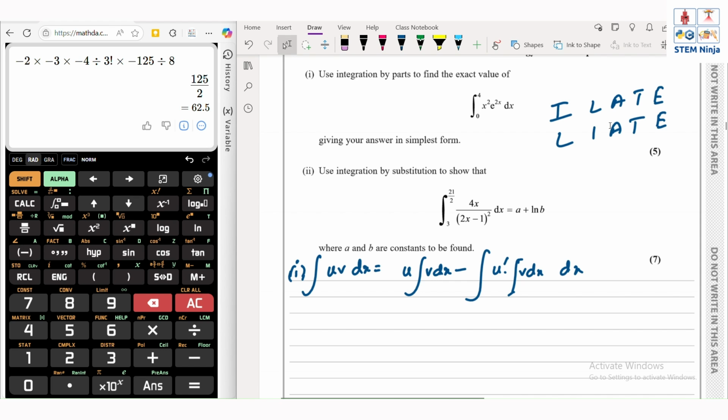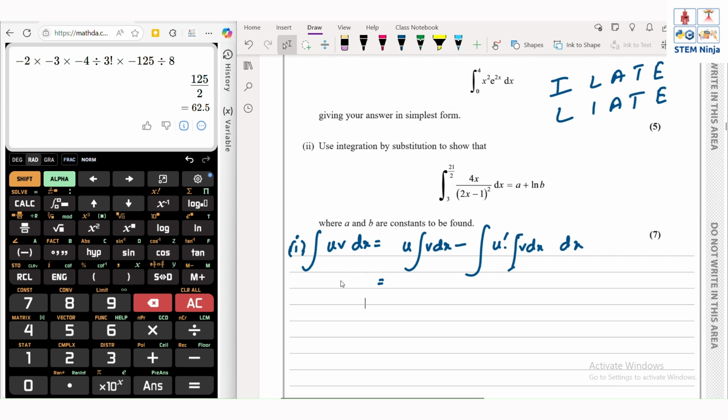So how do we choose u with this rule? The purpose is to simplify the u first, or we have to choose u in such a way that it can be further simplified. So u obviously is x squared. This means that u prime is 2x. v is e raised to power 2x, so that means integral v dx is e^2x over 2.